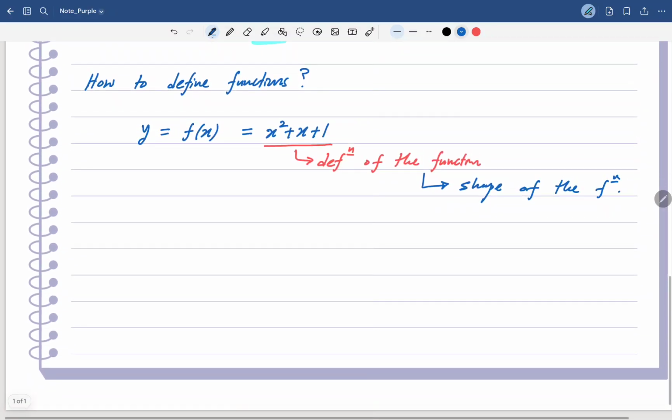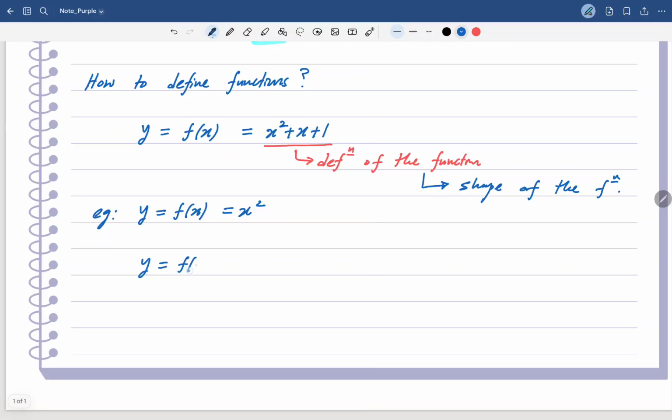Okay. So, example: y is equal to f(x) is equal to x squared. Y is equal to f(x), and this is 2x minus 1. Now, you can see the definition of the function. What is the function here? This is the function.